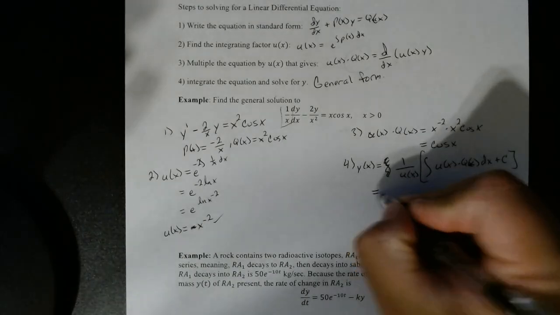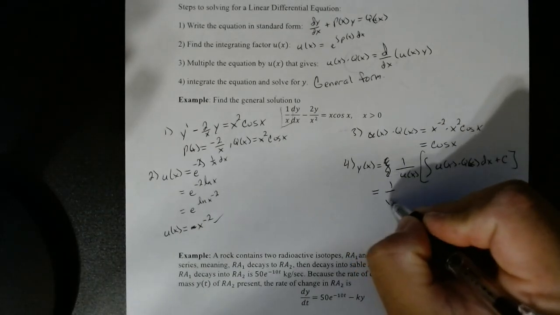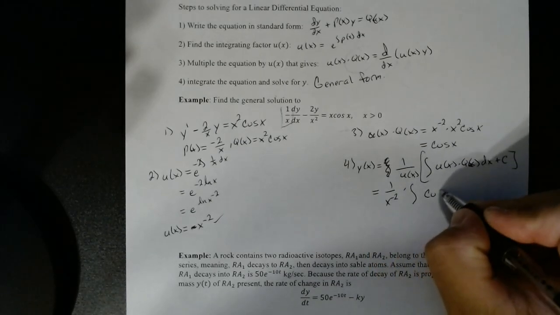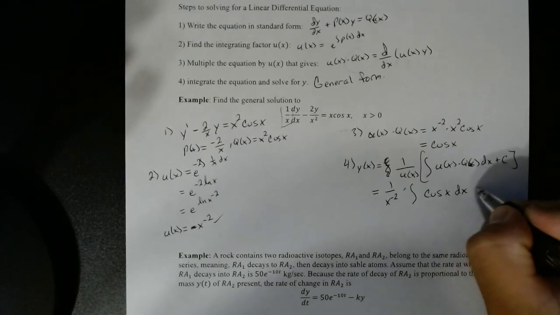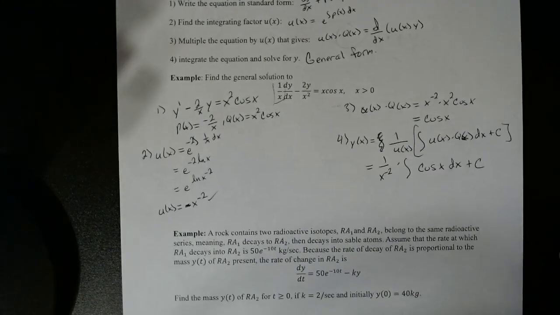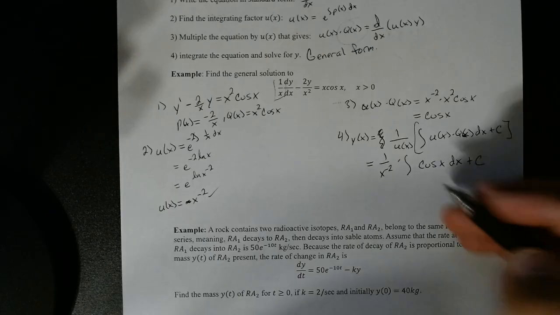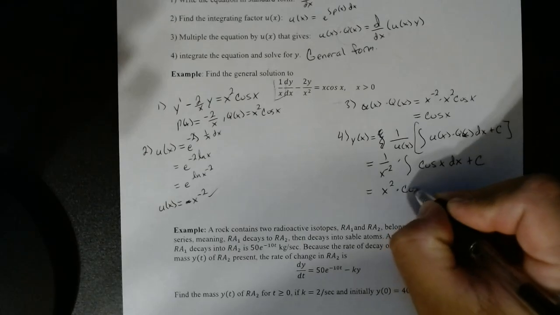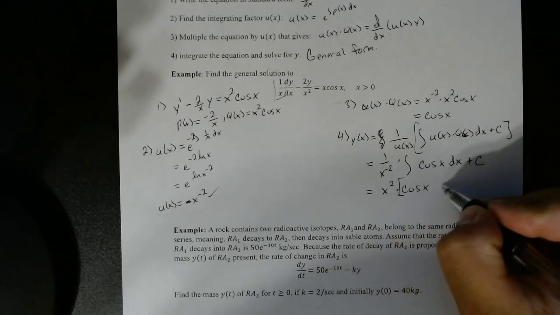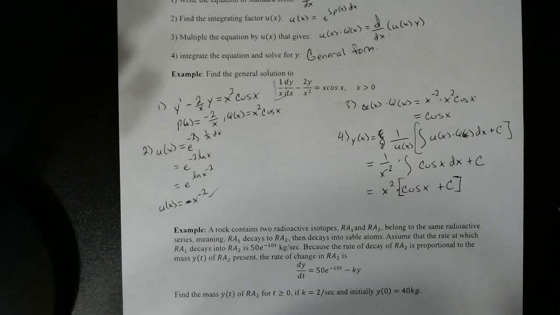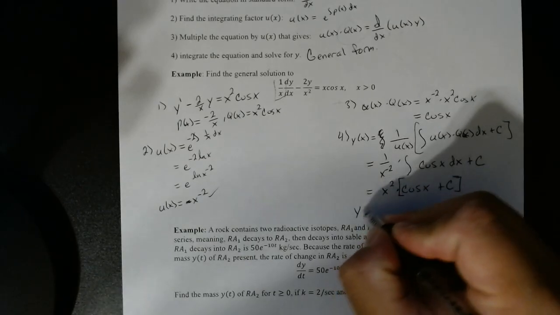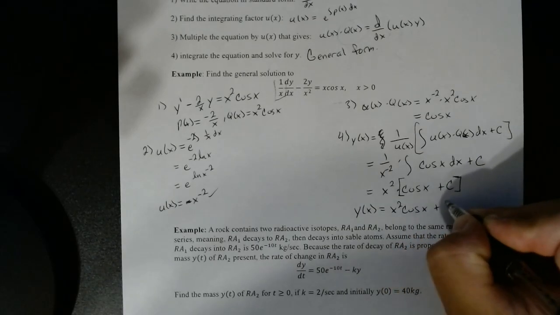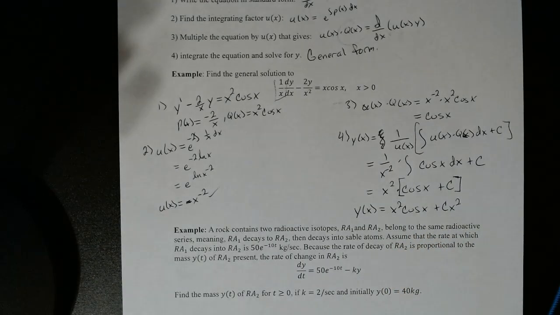So this is 1 over x to the negative 2 power times the integral of just cosine, which is really nice, dx plus c. Well, the integral of cosine is sine. This ends up being x to the positive 2 now, plus c. And then finally distributing the x squared gives us our general equation. And then we're done.